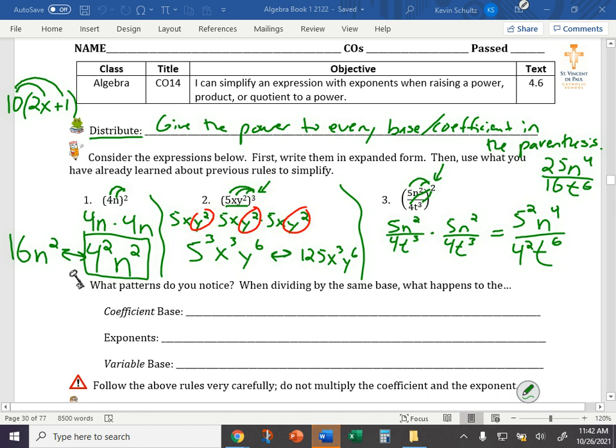So, our rule, our key points that can go on a help sheet. Notice how I've got 2 different types of bases here, a coefficient base versus a variable base. Okay? Both of them get the exponents, right? The coefficient bases, which would be like this 4 here, this 5 here, they take on the power and they can be multiplied out.